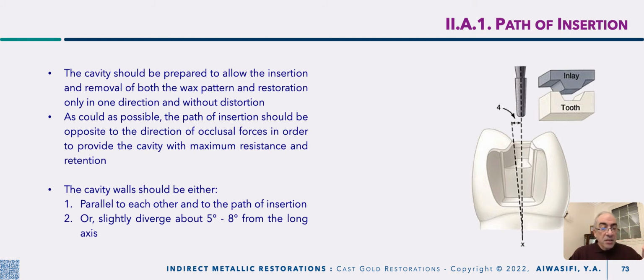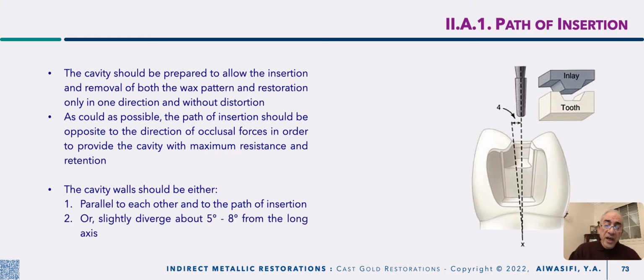This direction should be as good as possible in the same direction or opposing the occlusal forces, in order to provide cavity with maximum resistance and retention, because if the restoration tends to be displaced out the cavity, the occlusal loading force will reseat it in place again. That's why the cavity walls should be either parallel to each other and to the path of insertion, or slightly diverge about 5 to 8 degrees from the long axis.